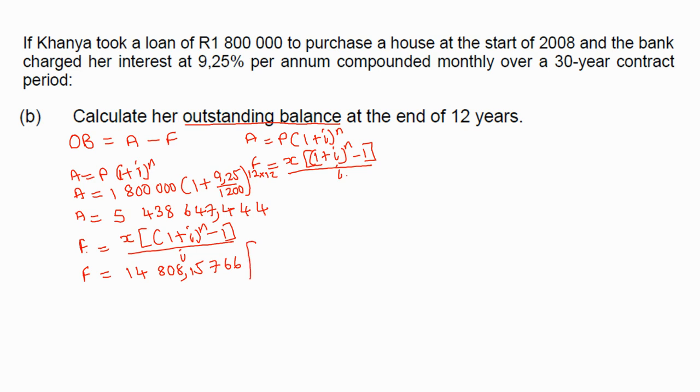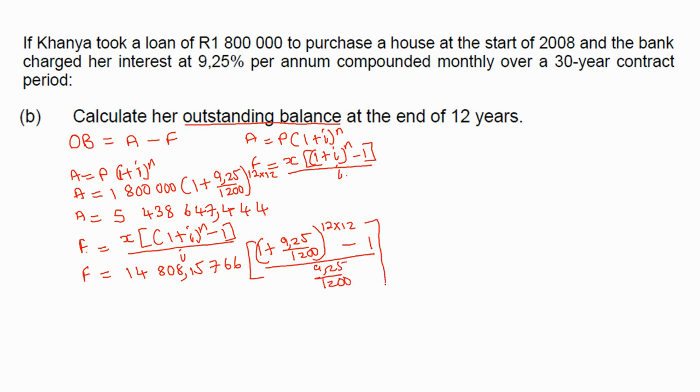Then we substitute 1 plus i, which is 9.25 over 1,200, to the power what? 12 times 12, because it's monthly. Then minus 1, over 9.25 over 1,200.